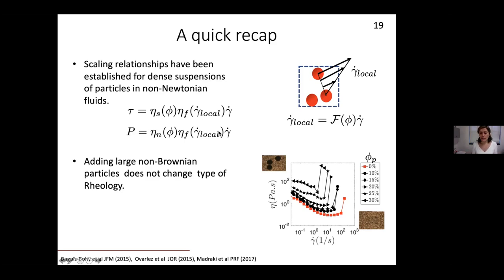And we could basically use this scaling law to explain how and why the rheology of the suspensions of large non-Brownian particles in a generalized Newtonian fluid, which is the oobleck or cornstarch suspension, varies like that. So we get an enhancement in the viscosity, and that enhancement basically happens at a smaller and smaller shear rate.